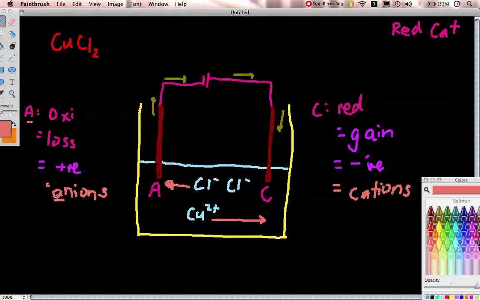And once your charges are established and you start attracting your respective ions, then reactions take place. So if you are attracting a negatively charged ion, and in this case it's the chloride ion, to the anode, then it follows. This is what happens.